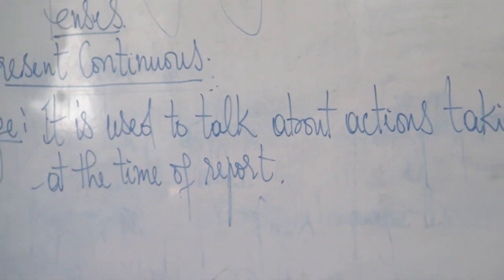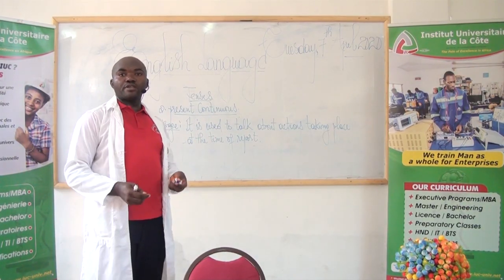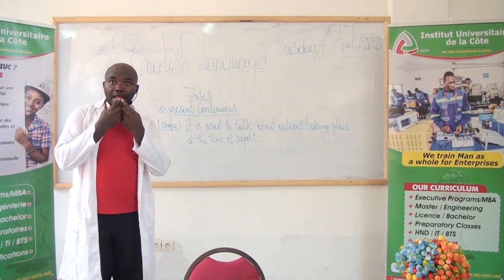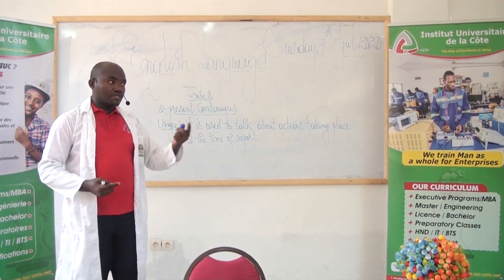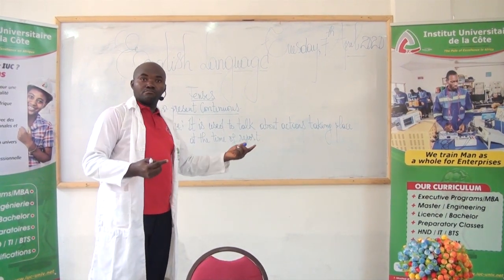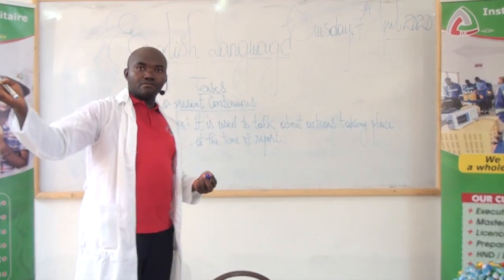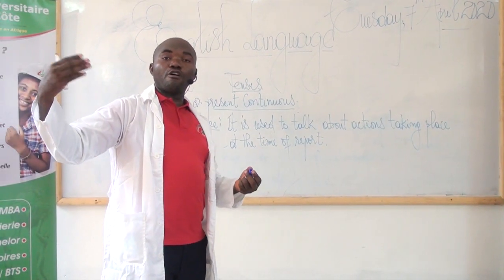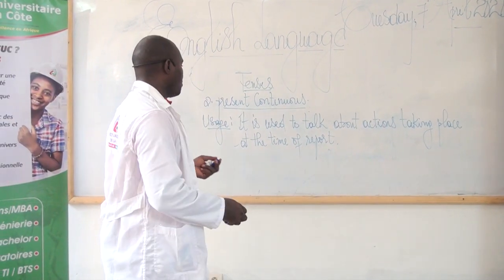So, when you are talking, the action is ongoing. For example, I am talking. She is dancing. They are listening. Those are examples of present continuous.